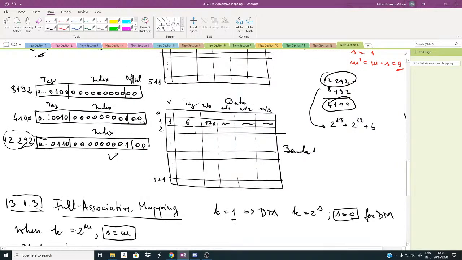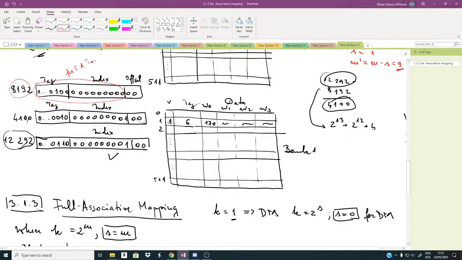Now this time the tag will be for this address, right? The tag would be this quantity, which would be the tag for full associative.